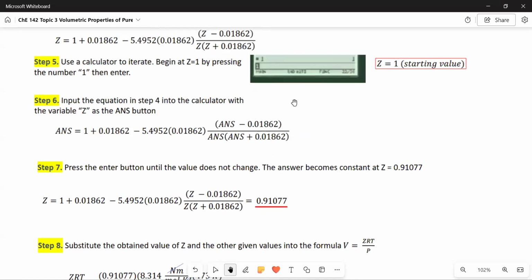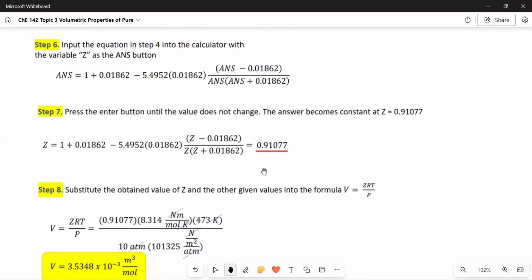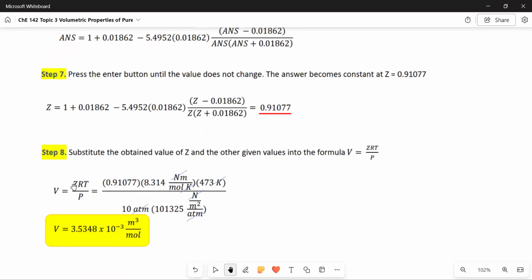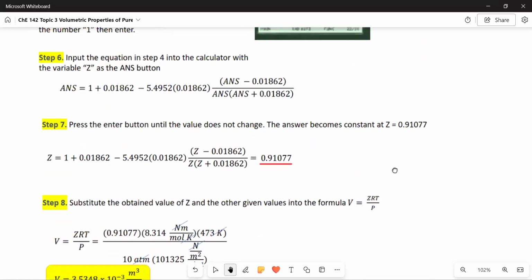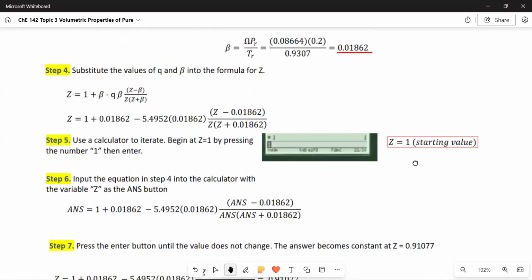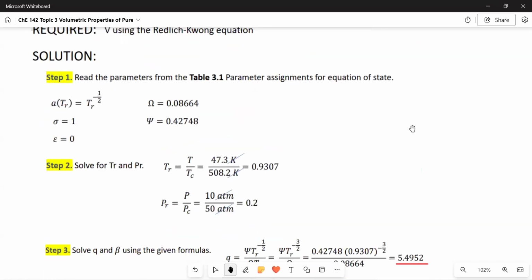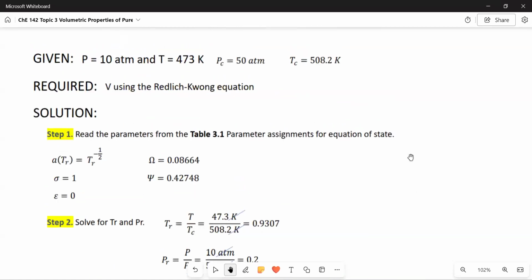Okay. So by the way, in the video link, I'm using the Texas Instruments online calculator. So you can see there. And after iteration, you will get the value of Z, and you can now calculate for the value of volume. And that's it. That actually looks easy, but it's quite long if you're going to do it manually by hand.